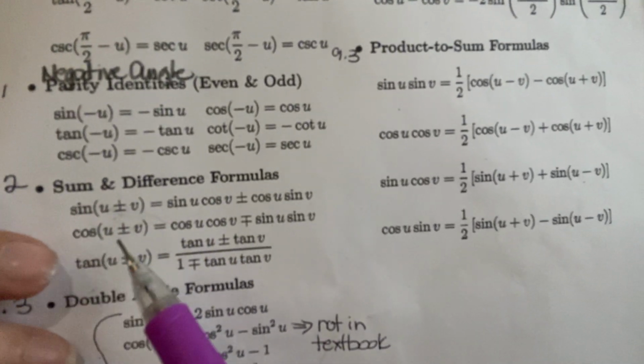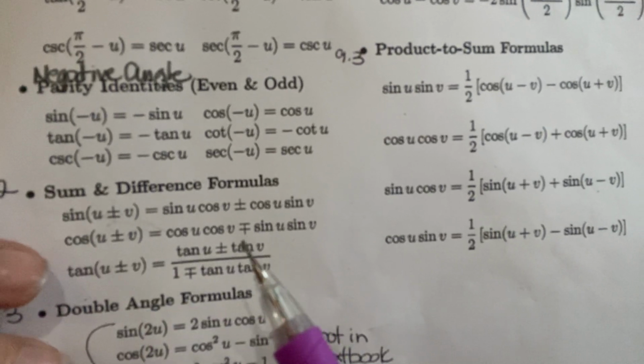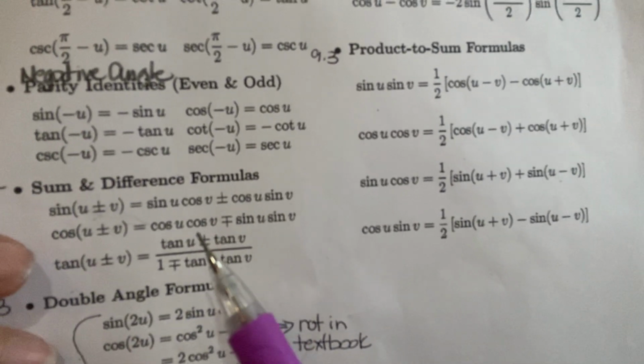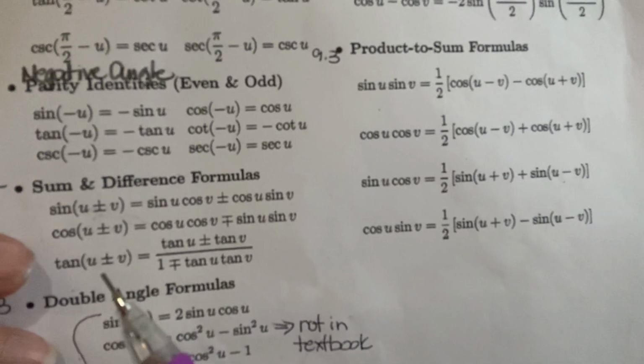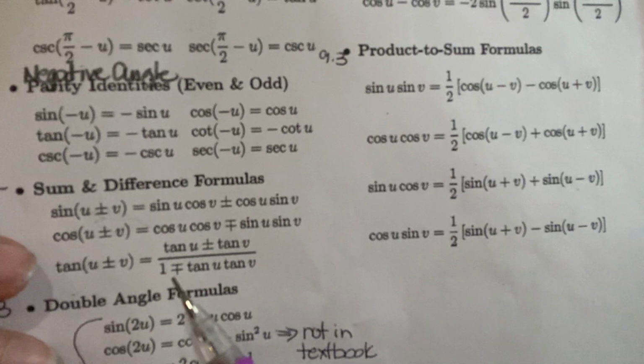For the cosine, if I'm adding here, I'm subtracting. If I'm subtracting, I'm adding. Same with the tan. If they're adding here, I'm adding in the numerator and subtracting in the denominator. If they're subtracting, I'm subtracting in the numerator and adding in the denominator. So the top signs go together and the bottom signs go together.